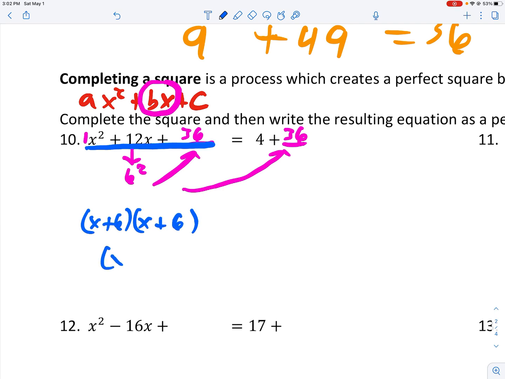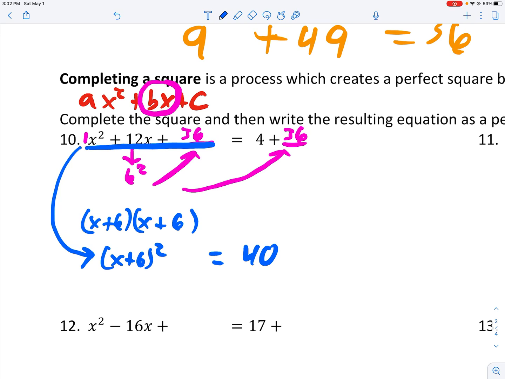So really, you have x plus 6 squared. This is what you just created, a perfect square. That's why it's called completing the square. You're making a perfect square binomial. And then on the right side, you have 40. We're just going to stop there. We're not going to go any further. We're just getting used to the first few steps.